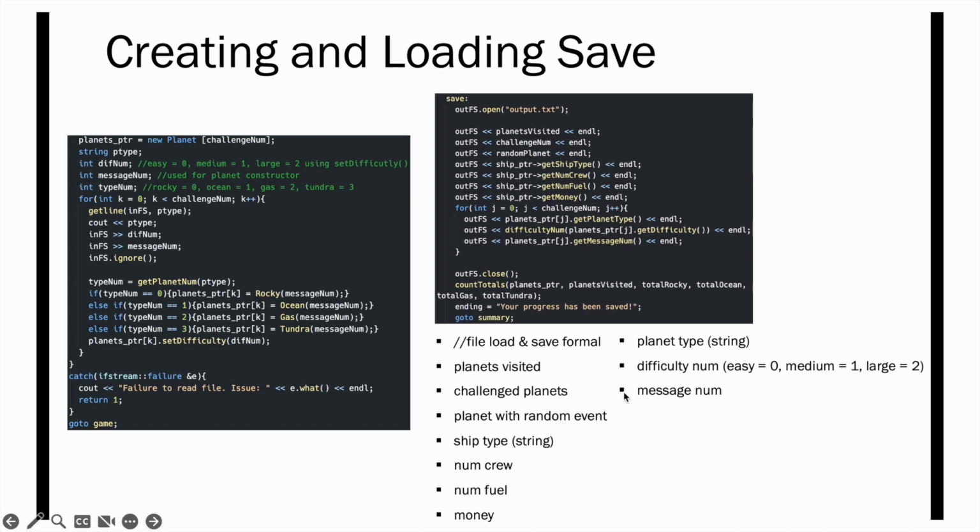These 3 variables on the right are all in a loop, where it has the planet type, which will be rocky planet, gas, ocean, or tundra, the difficulty number, and then the number that the message has, which will be a number from 0 to 5.